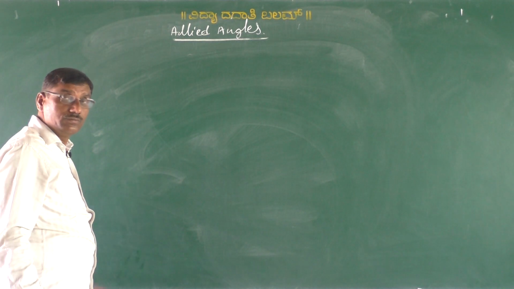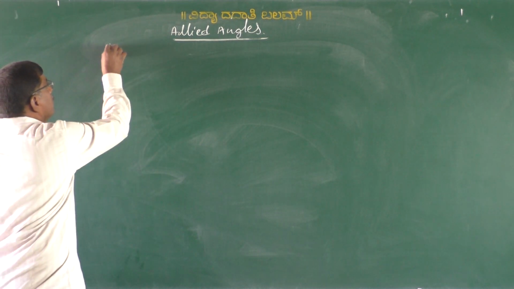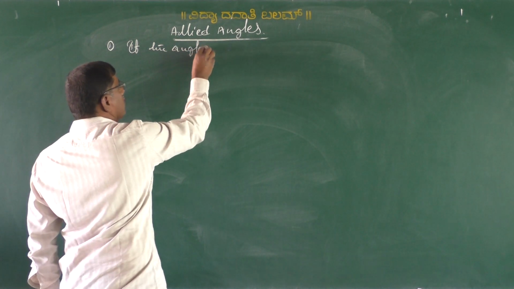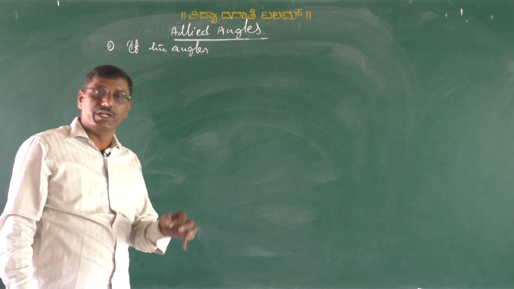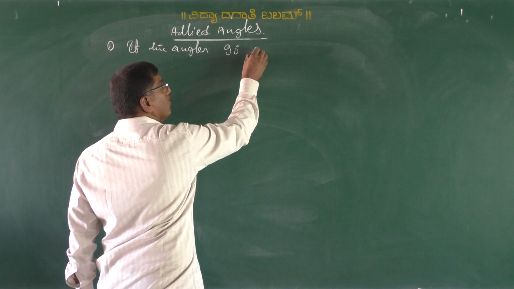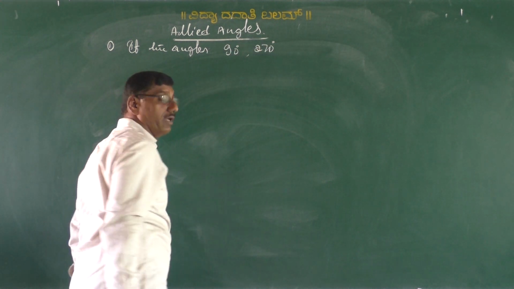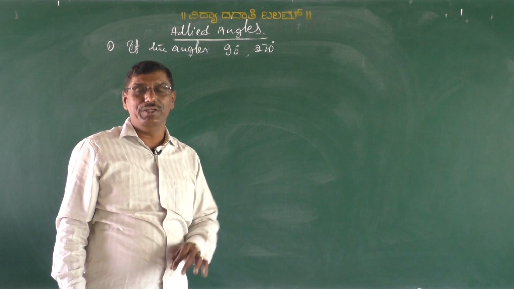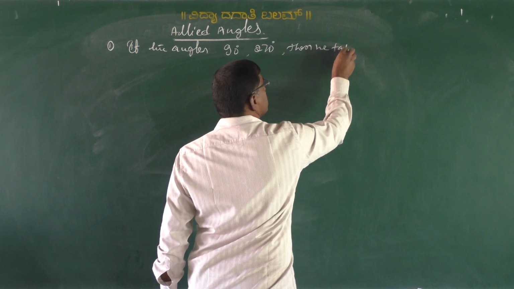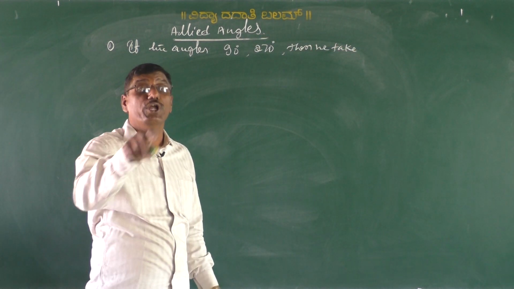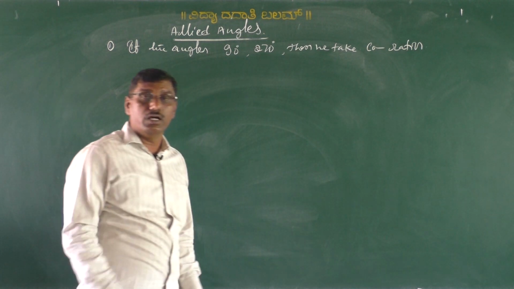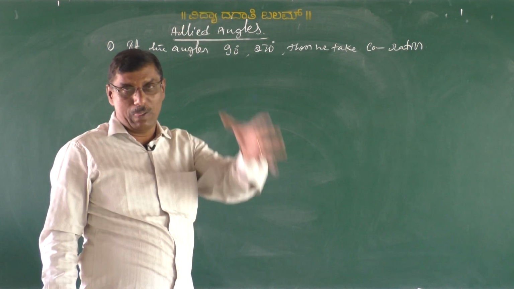First condition: if the angles are 90 or 270, then we take co-ratios.